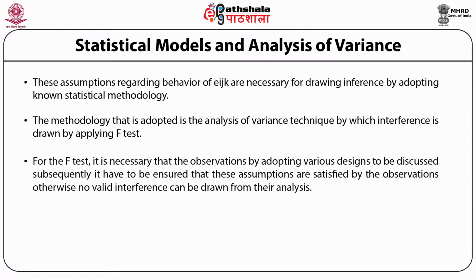For the F-test, it has to be ensured that these assumptions are satisfied by the observations, by adopting various designs to be discussed subsequently, otherwise no valid inference can be drawn from their analysis.